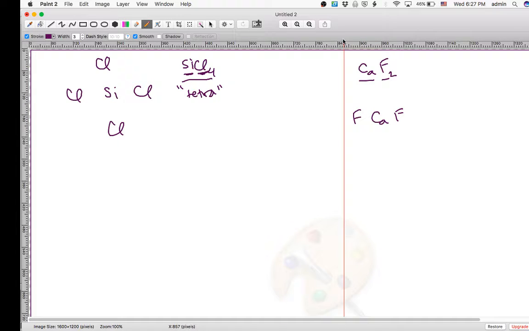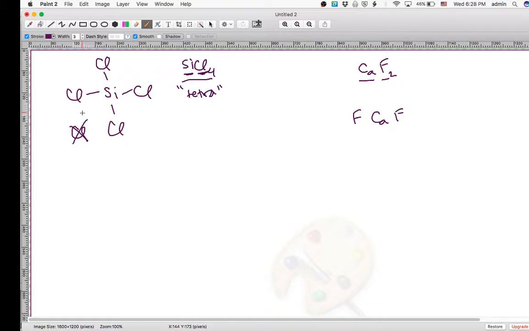Okay, let me show you how to figure out how many bonds there are. Chemical bonds exist between two atoms at a time. So between these guys, you could have a chemical bond. Between these guys, a chemical bond. These. All the atoms in a compound are linked by a chemical bond. If there's an atom that is not linked by a chemical bond, then it is not part of this compound.